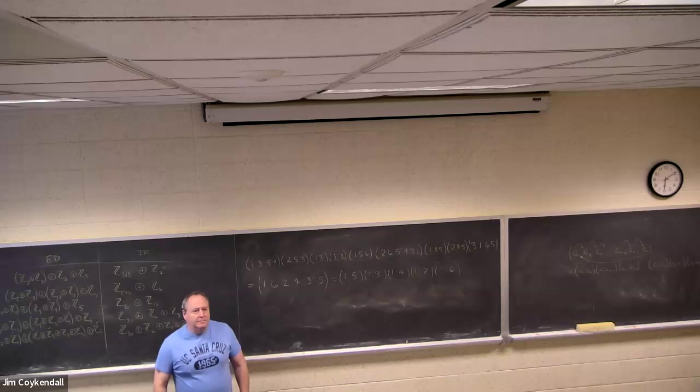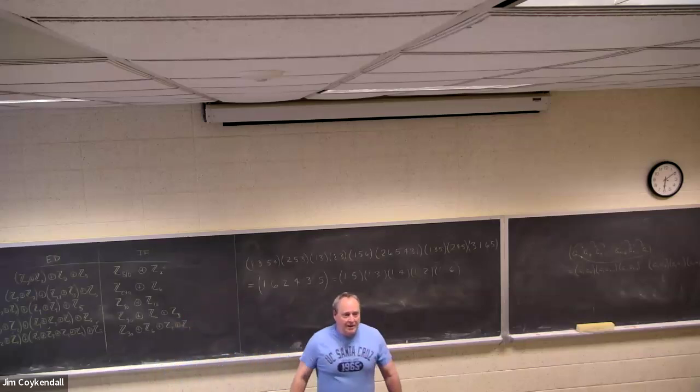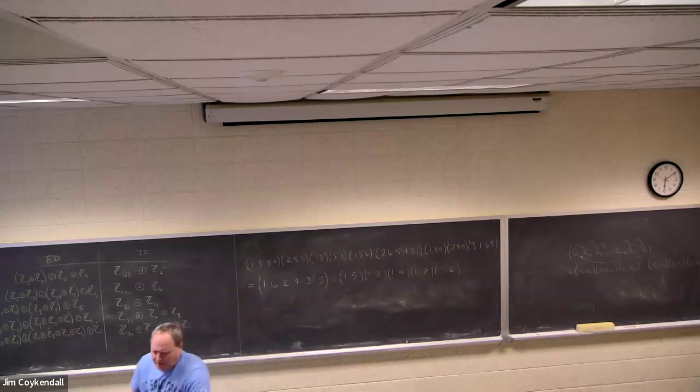There you go. Did you want to talk about part C on that exam? For what values of n greater than or equal to 3 is An simple? Everything except 4.